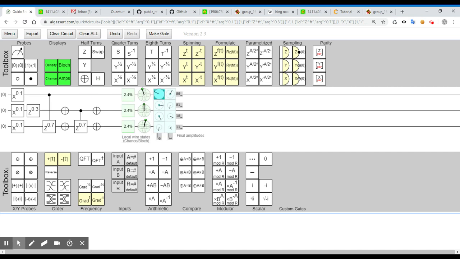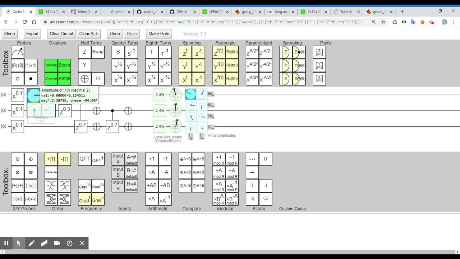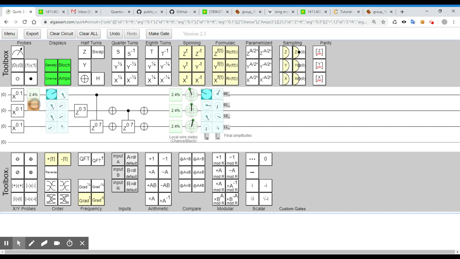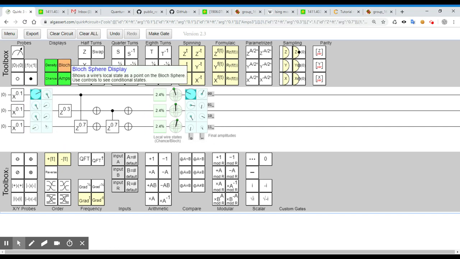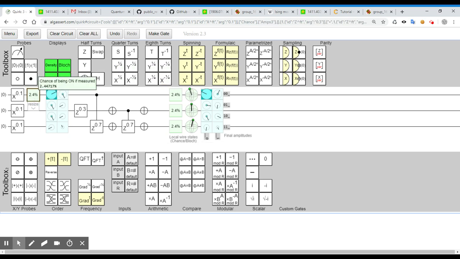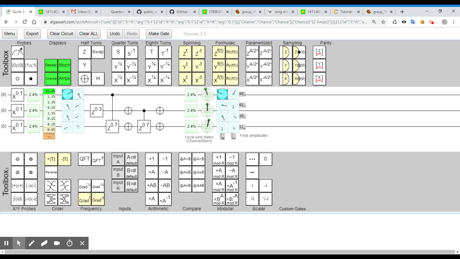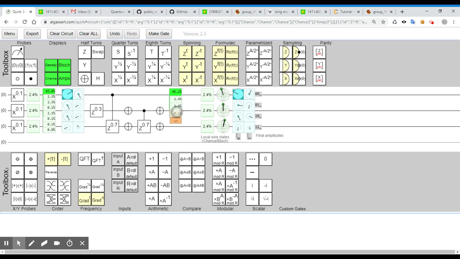So my point is that if I put an amplitude display here, and a chance display here, like this, you can also have this one here.